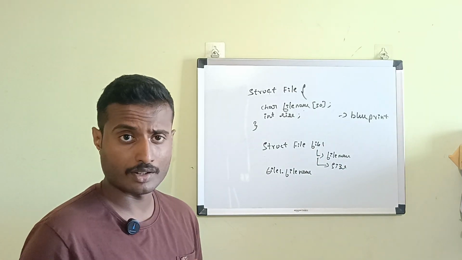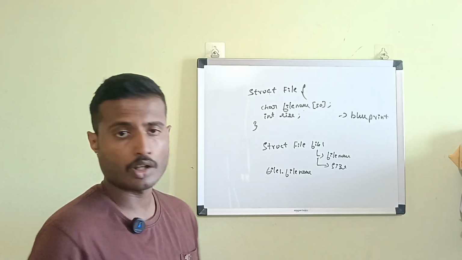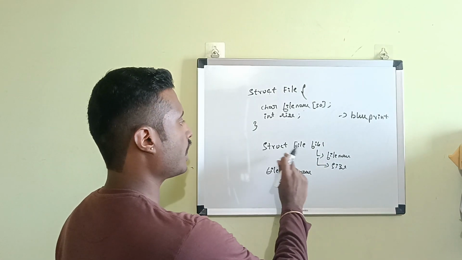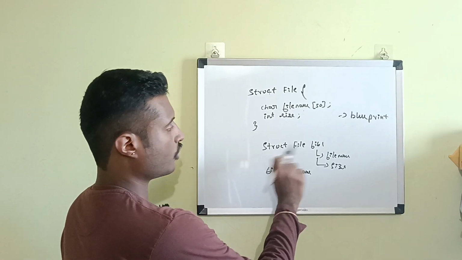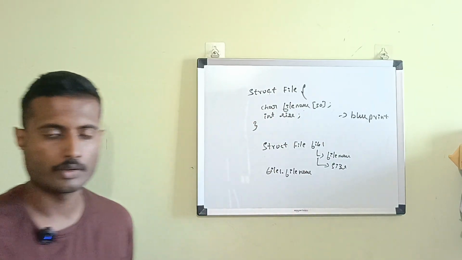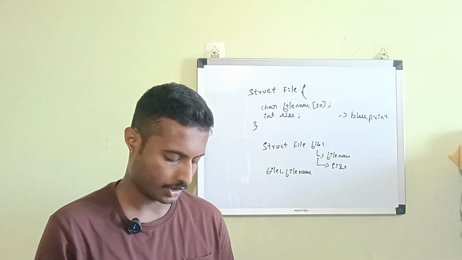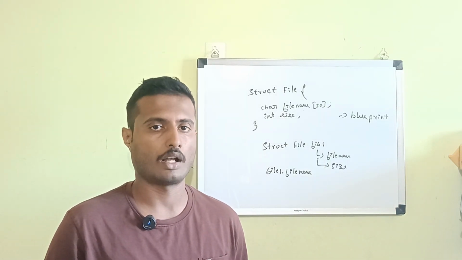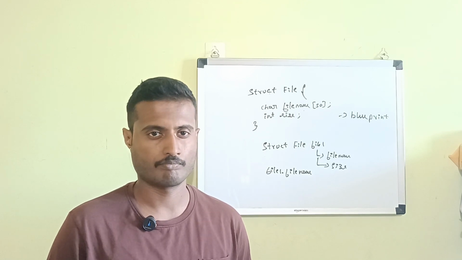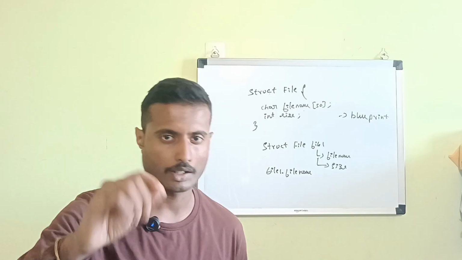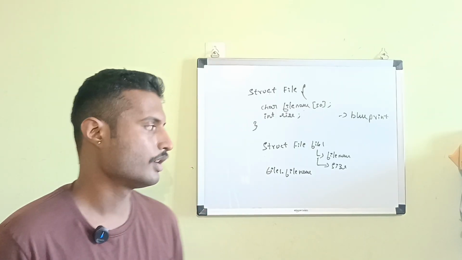And imagine we want 100 of these files. We can't start writing struct file1, file2, file3, file4. And there is a solution for this. I am pretty sure you all know the answer for that. Any guess? Pause this video and try to tell that in the comment section.